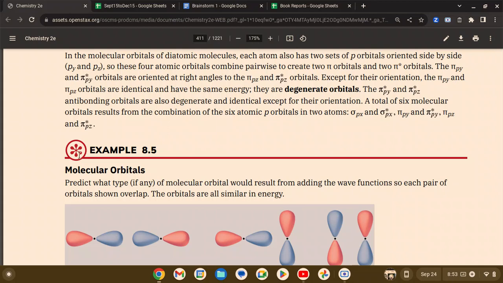Other than orientation, the pi py and the pi pz orbitals are identical and have the same energy. They are degenerate orbitals. The pi star py and the pi star pz antibonding orbitals are also degenerate and identical except for their orientation. A total of 6 molecular orbitals result.